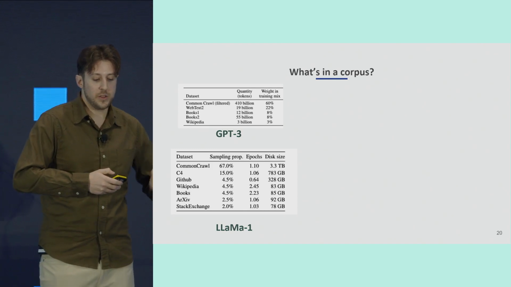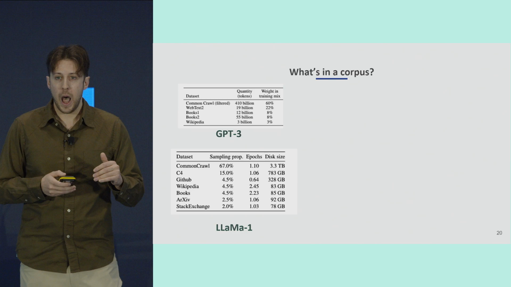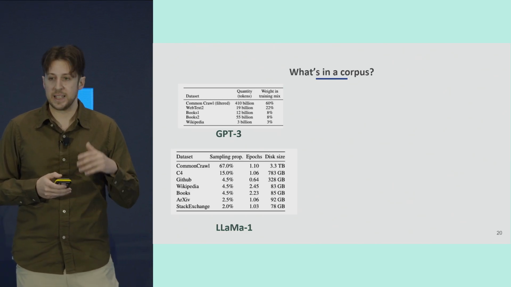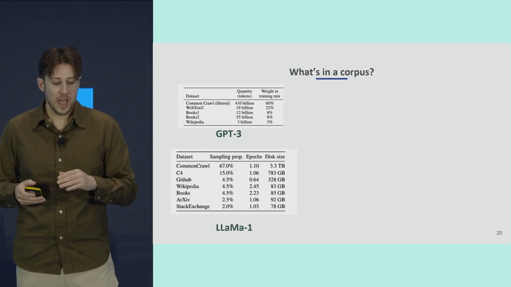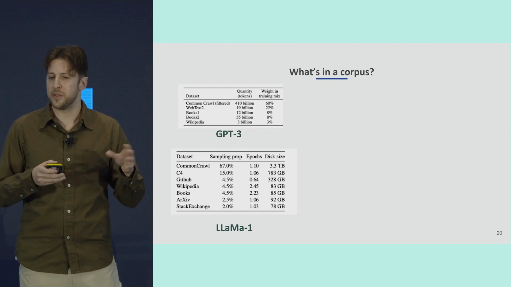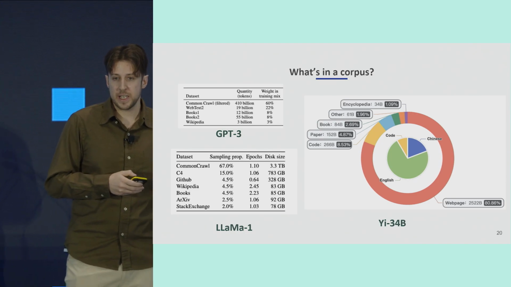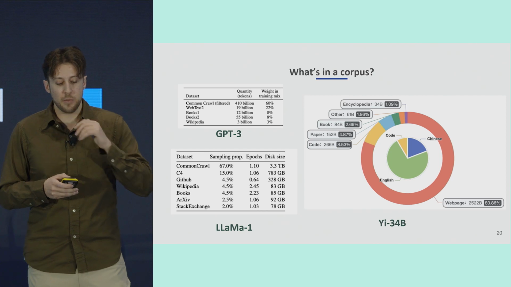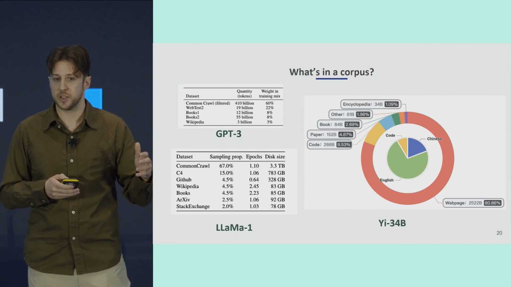Going to Llama 1, you see there's also a heavy percentage of web crawl data, Common Crawl and C4, but you also had code data, Wikipedia, books, academic papers. These are more structured, cleaner, domain specific data sets, whereas the web crawl data is very diverse, but very noisy and of middling quality. And a more recent example, the E34B, which is doing pretty well on the leaderboard, again had 80% web crawl, but a bunch of the other usual suspects as well.